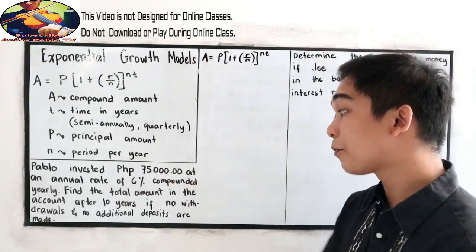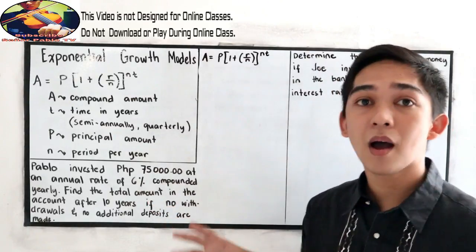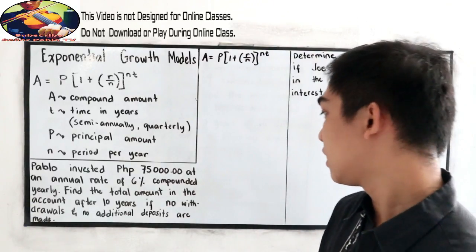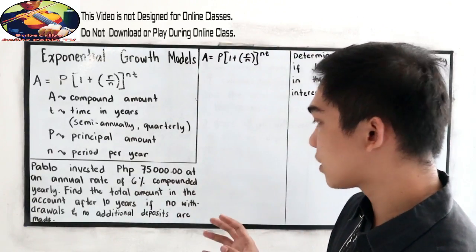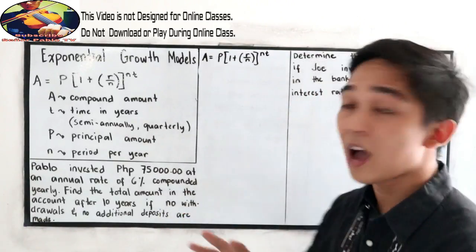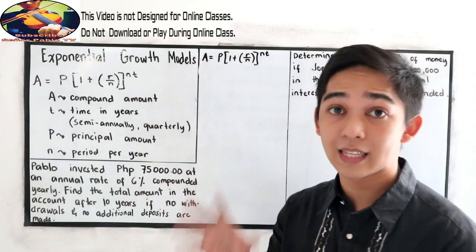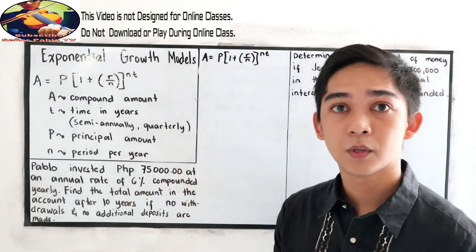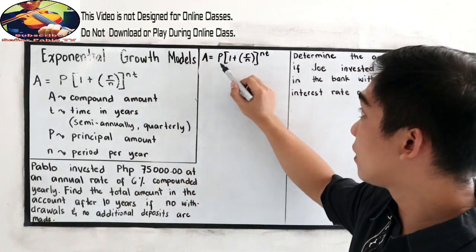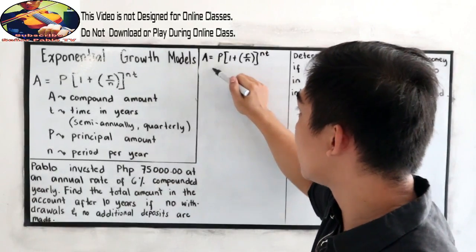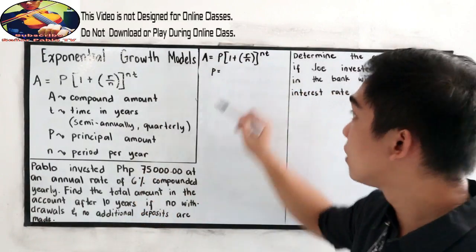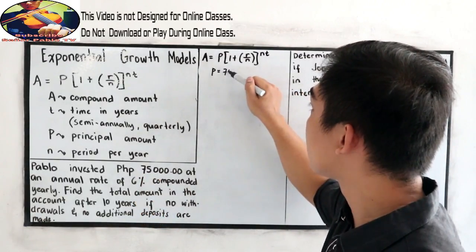So we're going to find the total amount after 10 years if he did not withdraw or deposit in that duration of time. So let us find the value of P. His principal amount is 75,000.